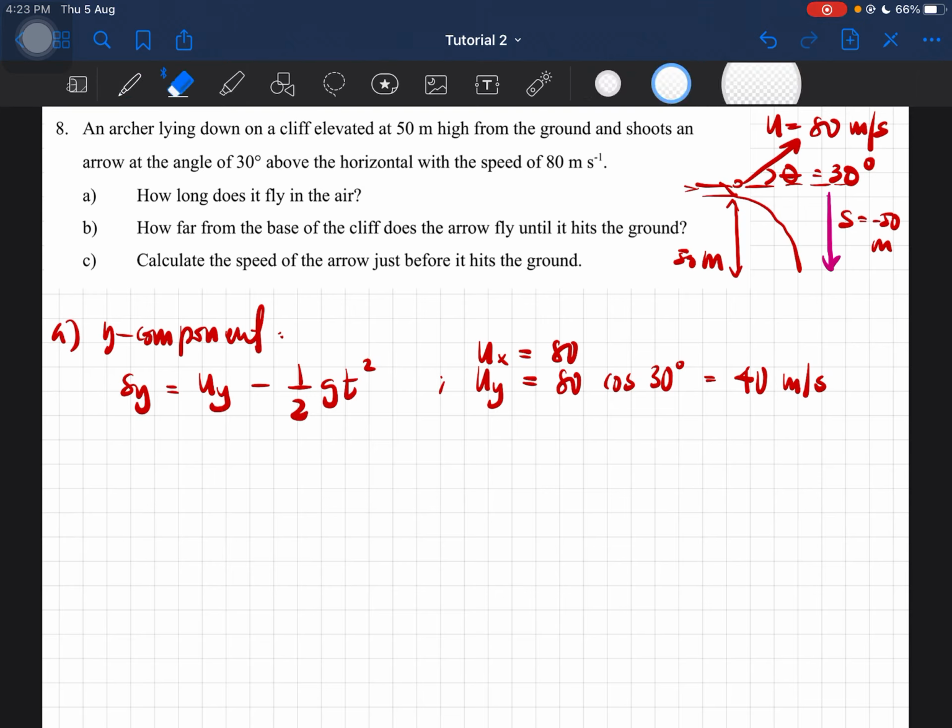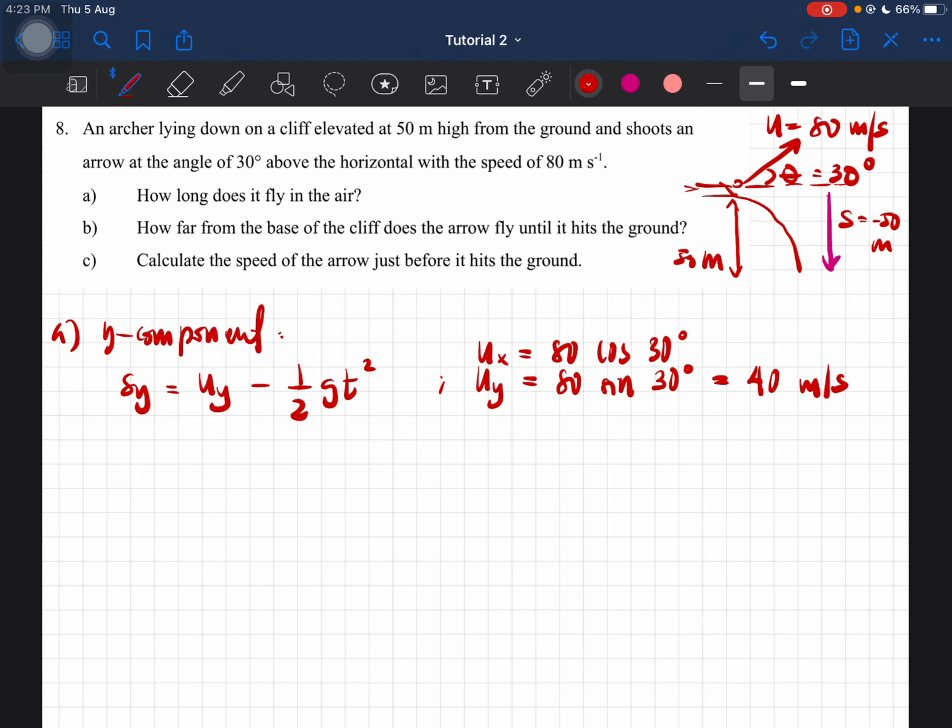Sorry, this is sine 30 degree, 40 meter per second, and ux is 80 cos 30 degree, which is, let me calculate, 69.3 meter per second. Okay, this is just the information. Okay, 80 sine 30 is 40?